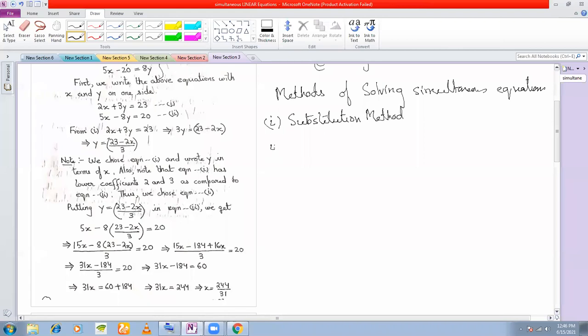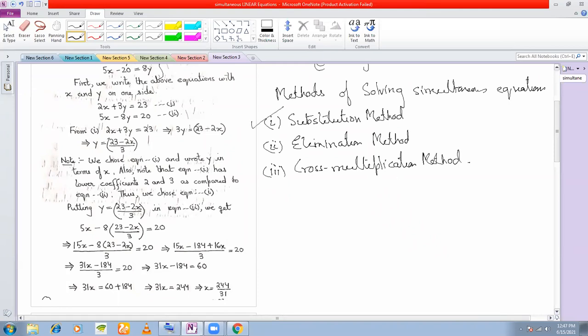This is the first method that I'll be teaching you. Next is called the elimination method. And the third method is called the cross multiplication method. These are the three methods I'll be teaching you of how to solve simultaneous equations. We start with the first method, which is the substitution method.